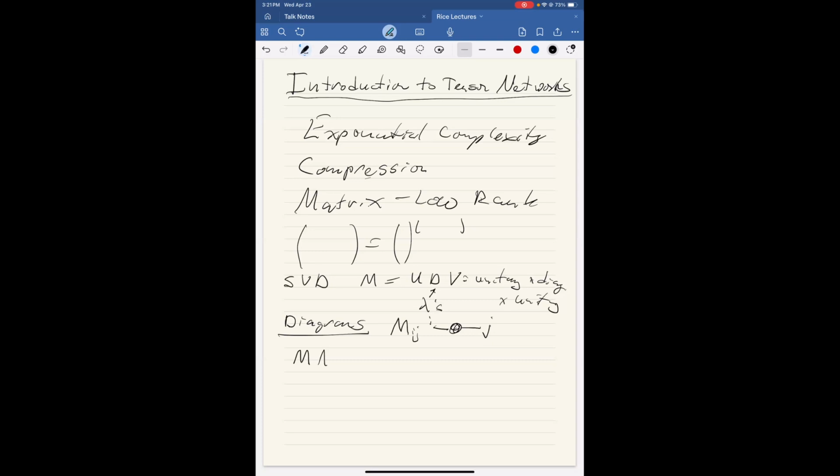And then suppose we wanted to multiply some matrices. So M times N. The result is going to have indices i and j. Diagrammatically, that looks like this.